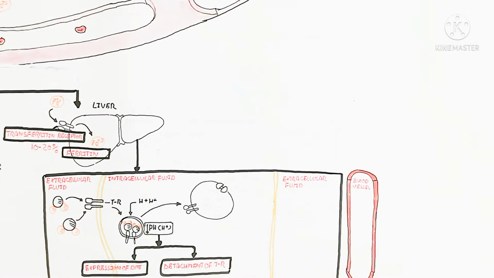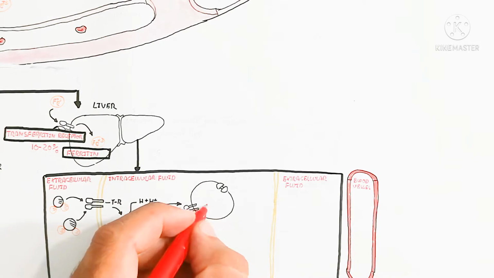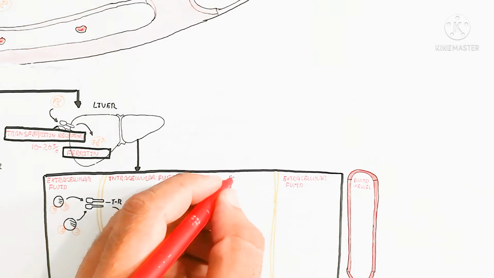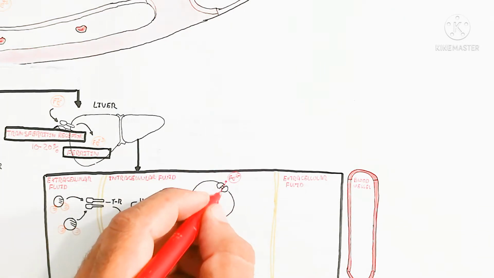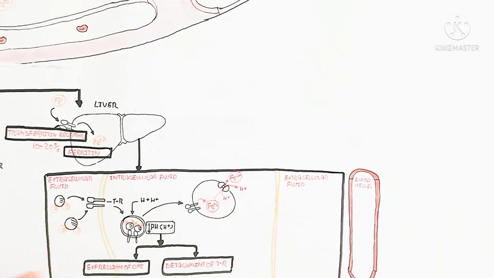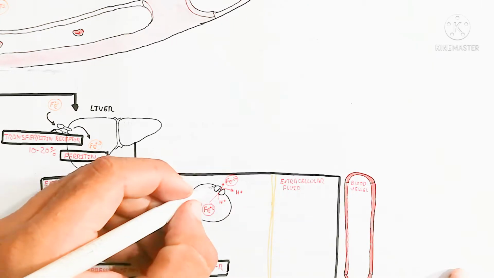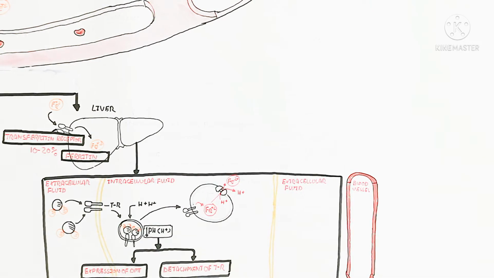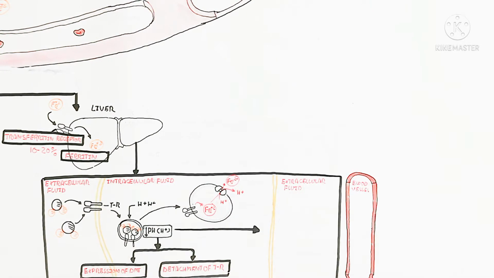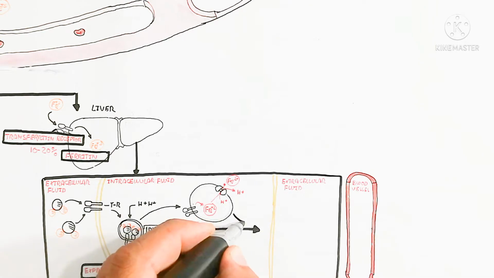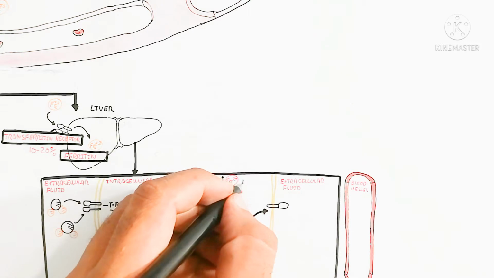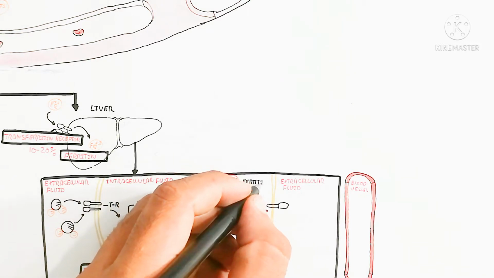After the detachment, the transferrin will be released, while the ferrous will be converted again into ferric, which is stored in the liver or transported to other tissues on the basis of requirement.